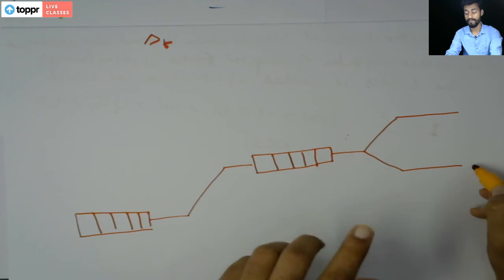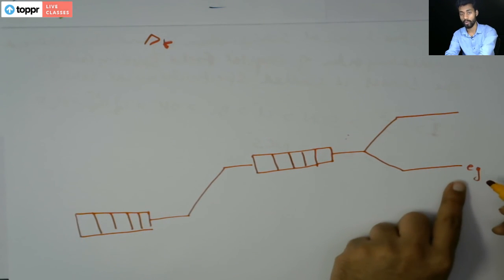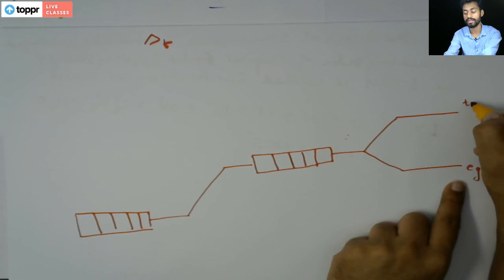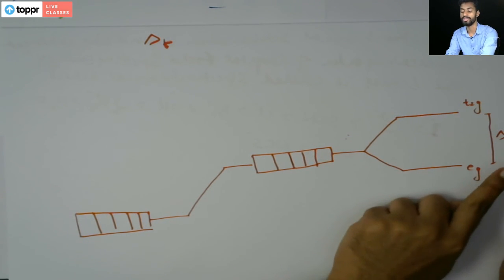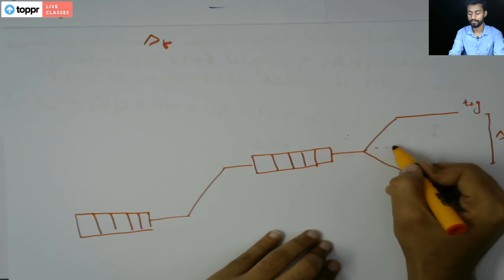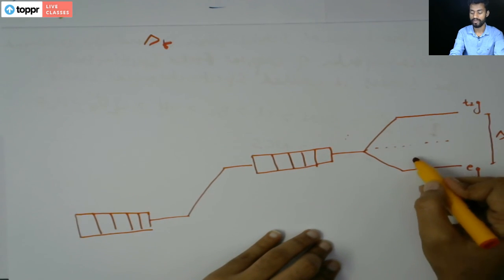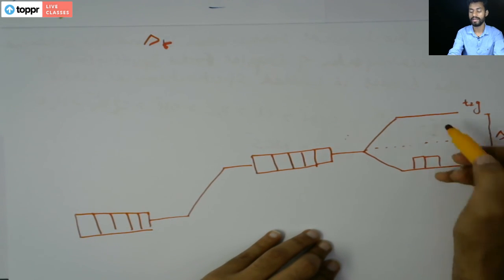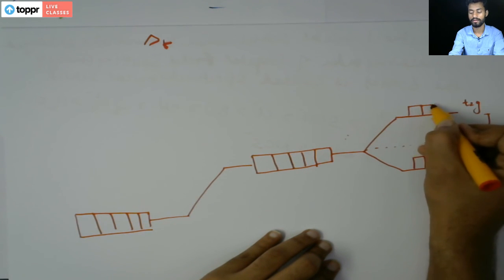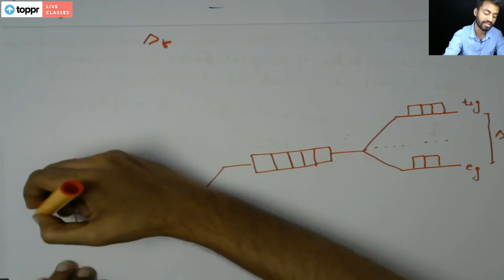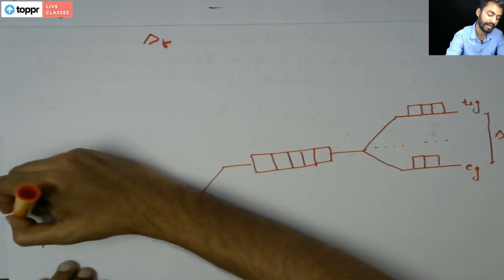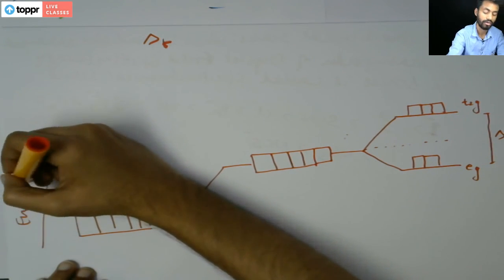Now here we have Eg on the lower energy and T2g the higher energy. This energy gap will be called delta T, tetrahedral crystal field splitting energy. So we have 2 orbitals on Eg and 3 orbitals on T2g. This is the basic crystal field energy diagram for a tetrahedral complex.